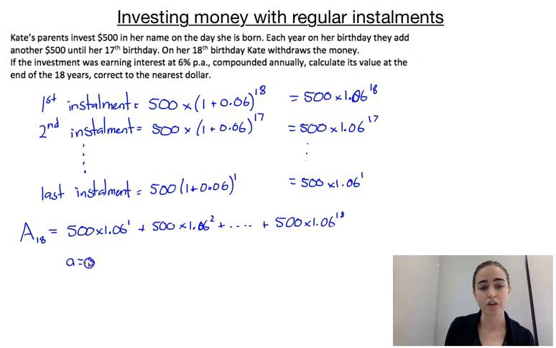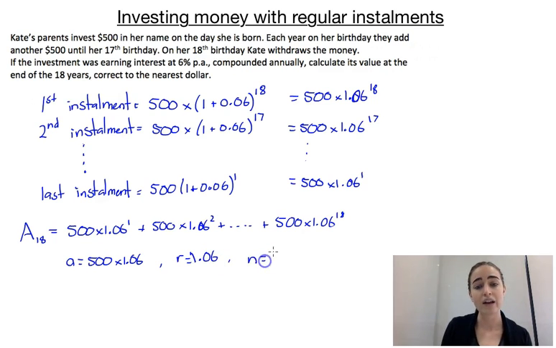Our first term is 500 times 1.06. Our common ratio, what we're multiplying by each time, is 1.06. And our n, our number of terms, is 18. Because we're trying to add all these terms together, we're going to find the sum of the first 18 terms, so we're going to use the sum of the geometric series formula.